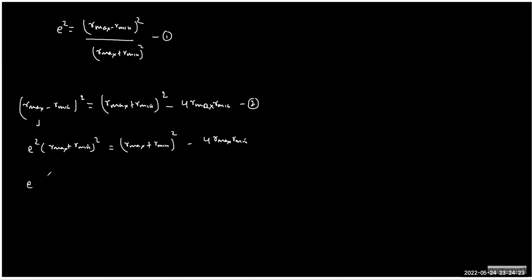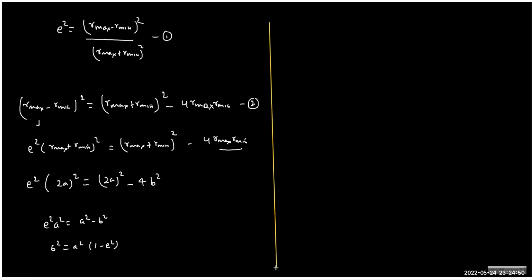And we know that this is the double of the semi major axis, and this is the square of the geometric mean. So this is the relation we have. So E square A square is equal to A square minus B square. So B square is how much? And see, I have derived the formula of eccentricity using a simple relation.